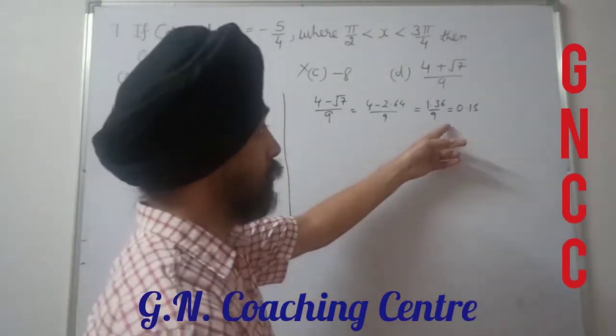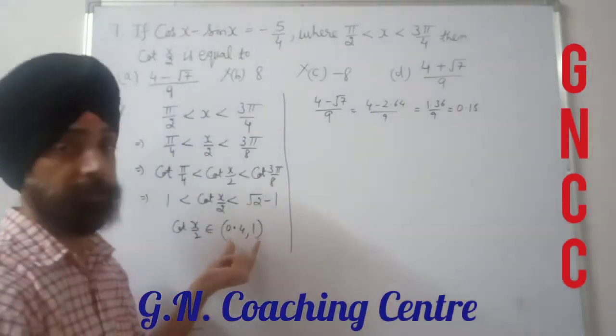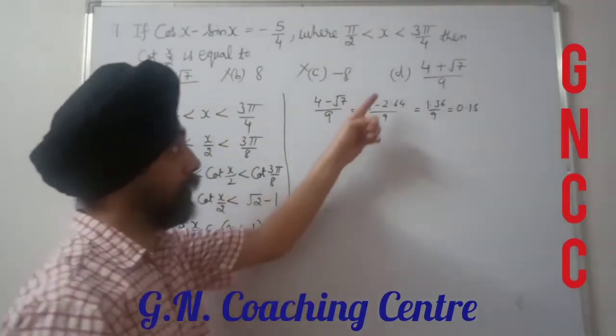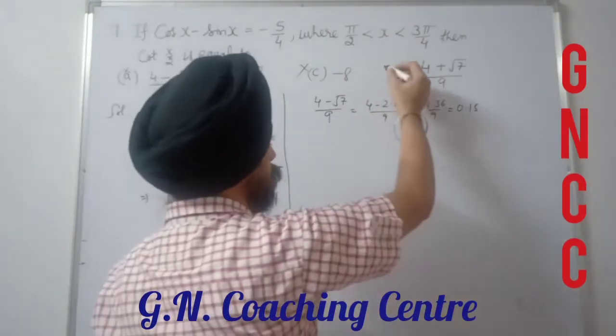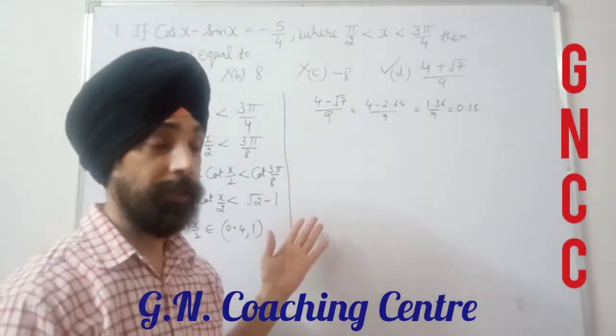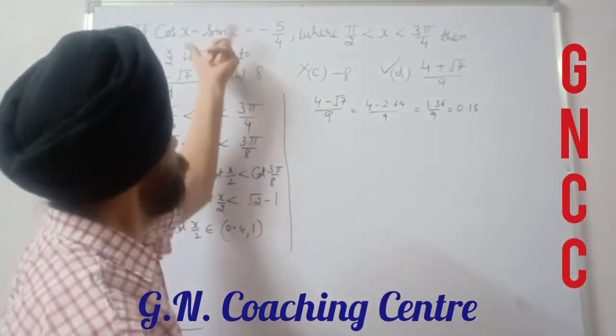This also does not lie in this interval, so this cannot be the answer. So we are left with only the last option, D. So option D is correct. This is the shortcut method. Otherwise you can solve this equation.